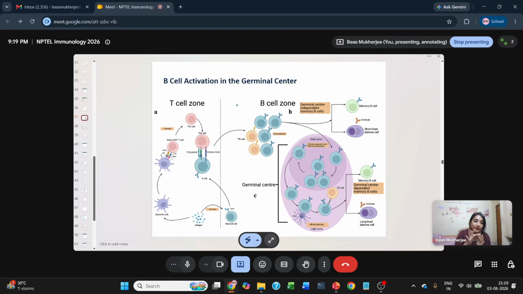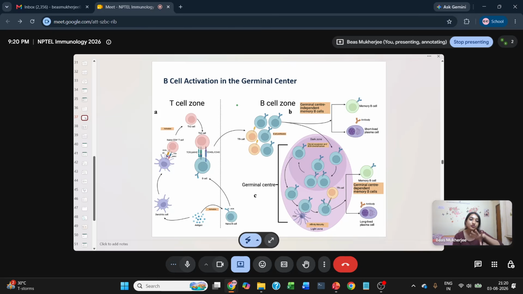This region of the antibody, the binding region, the Fab region, undergoes a lot of genetic mutations. Those are called somatic mutations, and that enables a large number of different varieties of antibodies to get formed so that they can bind to these different antigens with very high affinity and very high specificity each, right?